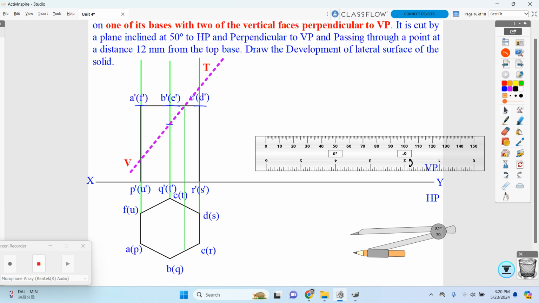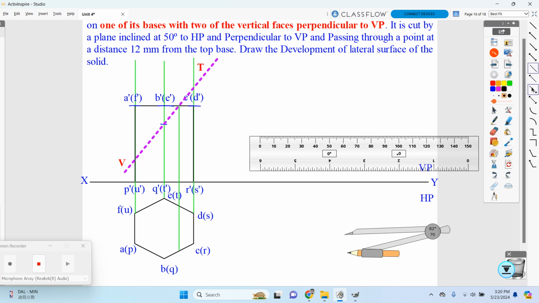So we can now do the original view of your object. Starting from here to here is your original object, that is the object after your cutting plane you can find.